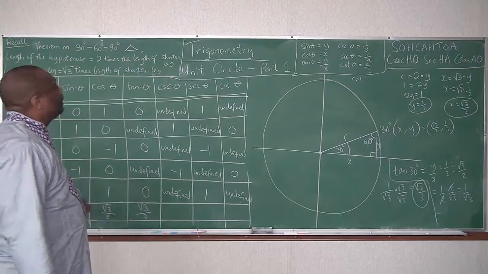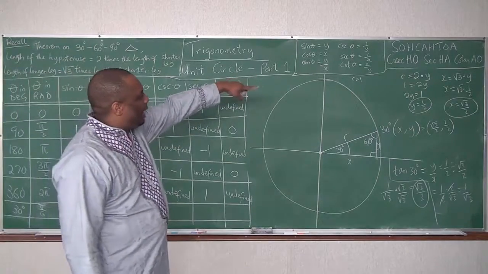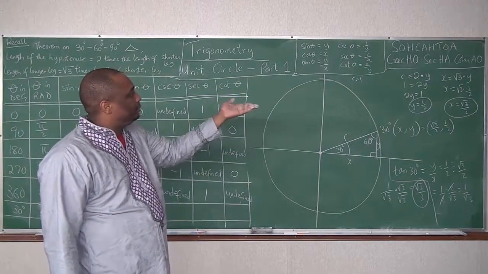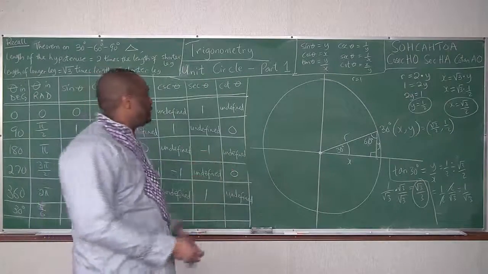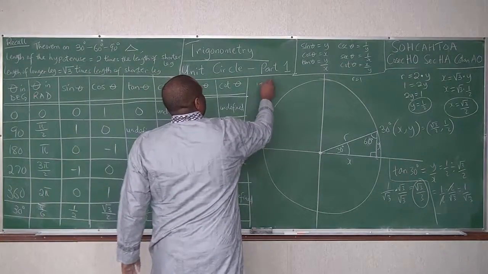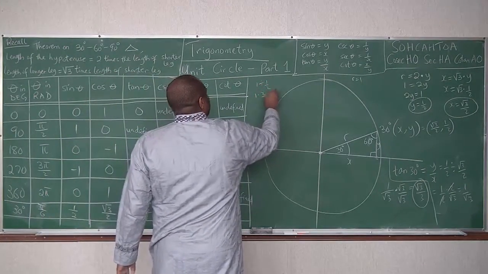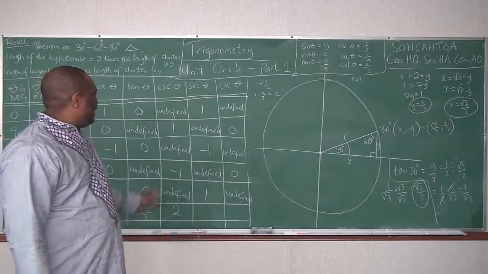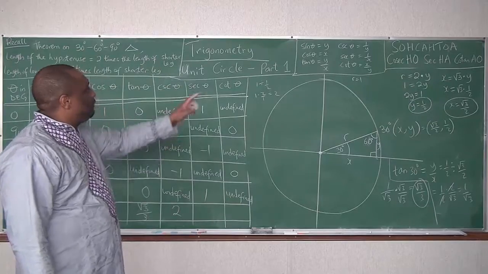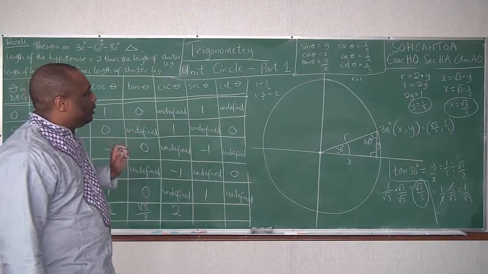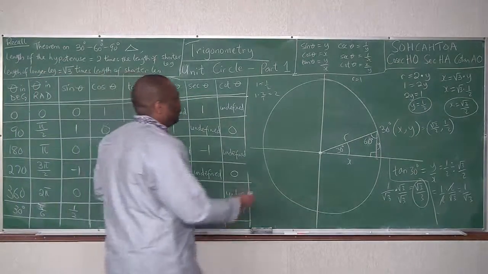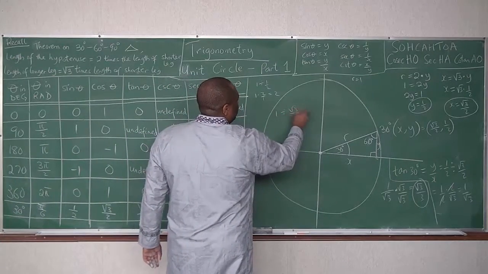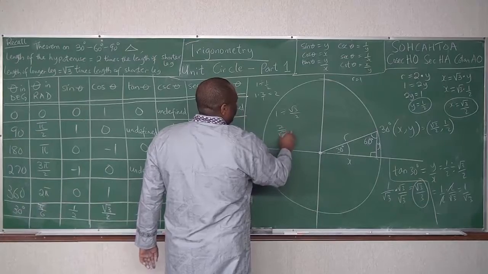Cosec 30 is 1 over y. So that is 1 divided by 1 over 2, which is 1 times 2 over 1, which is 2. Cosec 30 is 2. Sec 30 is 1 over x, which is 1 divided by root 3 over 2, which is 2 over root 3.